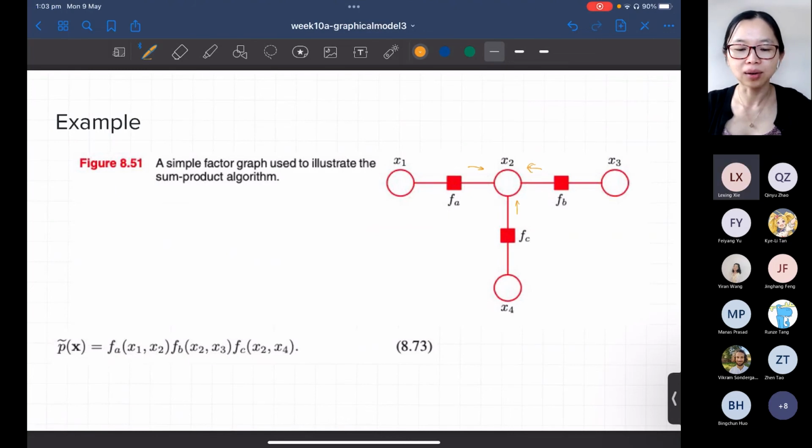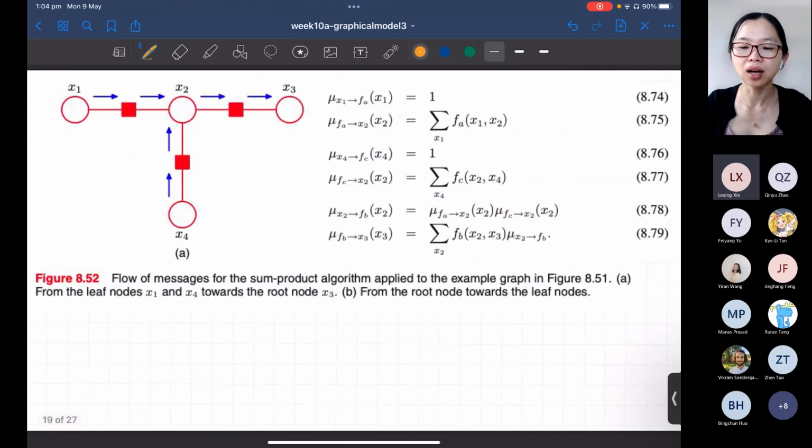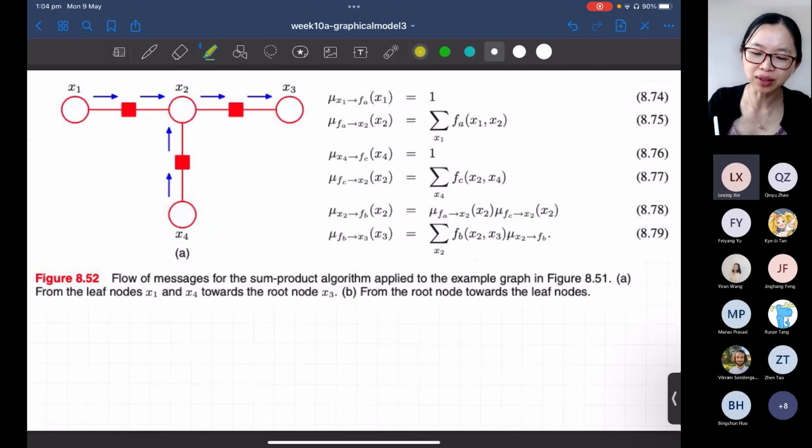Now let's look at this. p of x is the product of these three factors. Now, instead of using x2 as a root, let's use something different, x3 as a root.